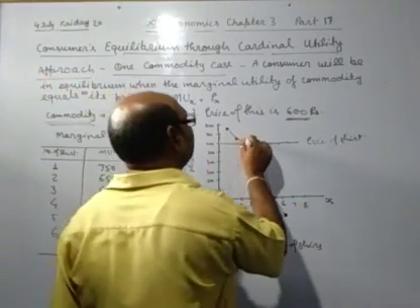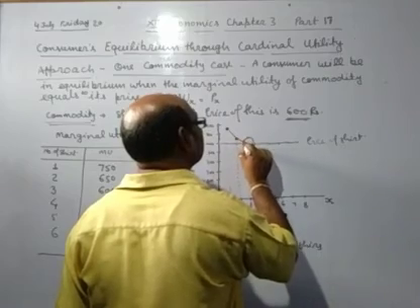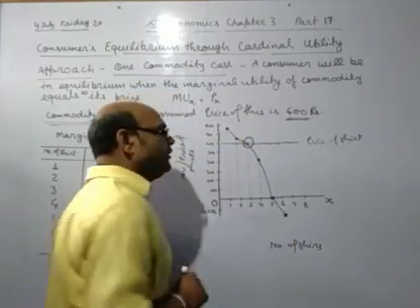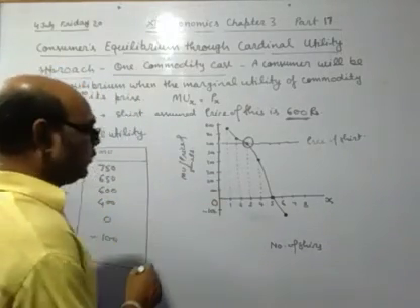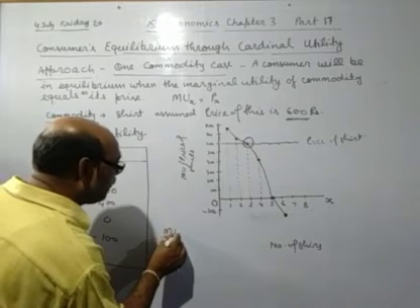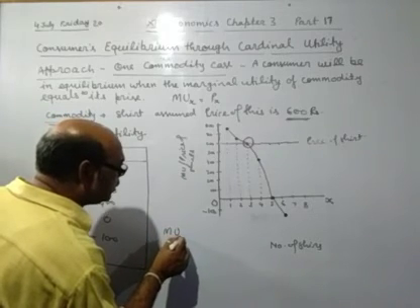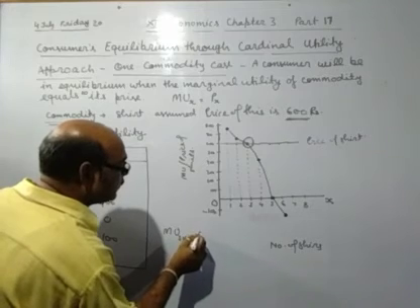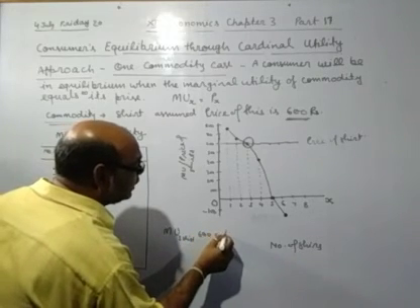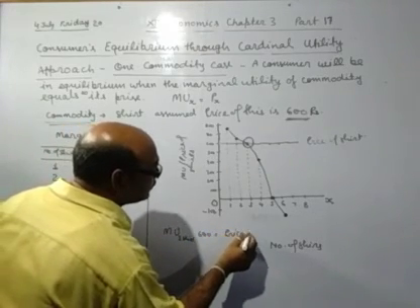Now at this point, the price 600 is equal to the marginal utility. The marginal utility of the third unit, 600, is equal to the price, 600.